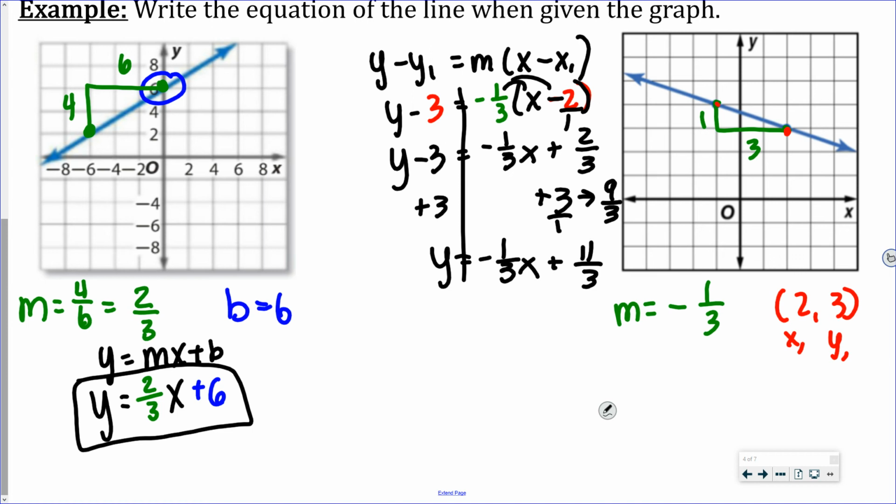We get 11/3. What is 11/3 as a mixed number? Ben? 3 2/3. Good.